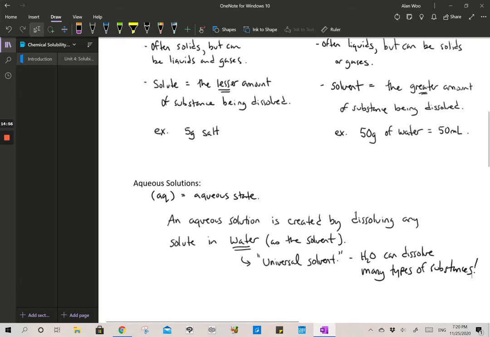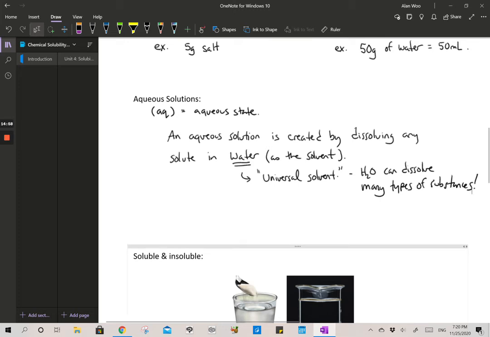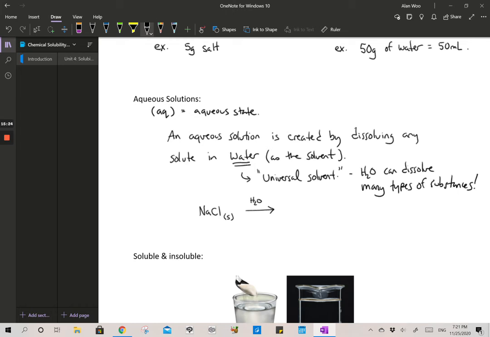Okay, so for example, if we just took our salt, okay, but this time we write it like this. NaCl is a type of salt. It starts off as solid. And if we were to have an arrow like this, okay, and we add water on top of that arrow, that means water is involved in this reaction, let's say, and it goes from NaCl solid to NaCl aqueous.